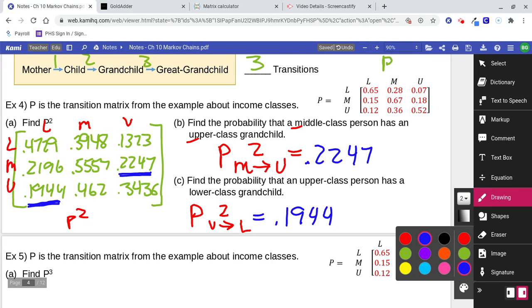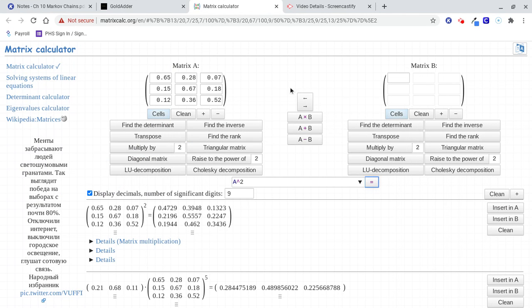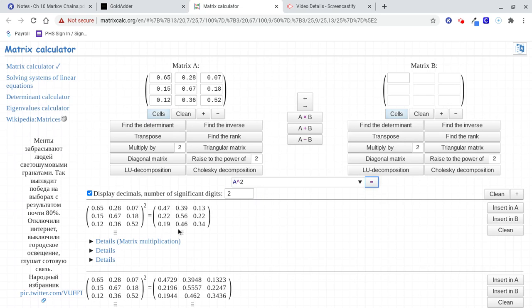Yes? Why did you say you put 9 in the decimal number again? For the matrix thing, why did I put 9 in there? Oh, when I bumped up the sig figs, I didn't have to do it there, but if I only did like 2, I'm not going to like the way that it rounds, okay? So I happen to know what comes later. If I had done 4 here, I would have been fine.